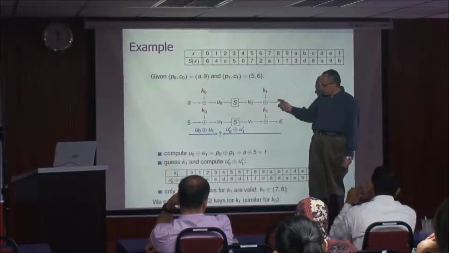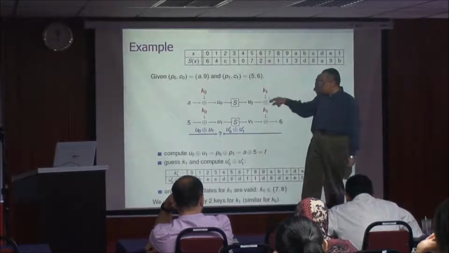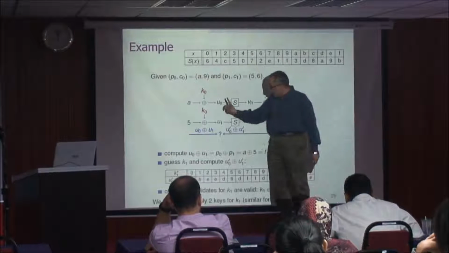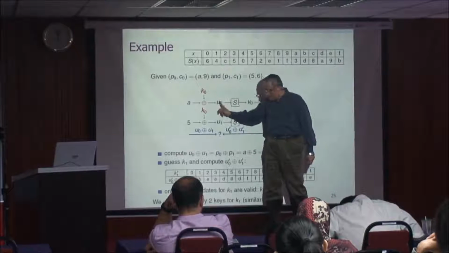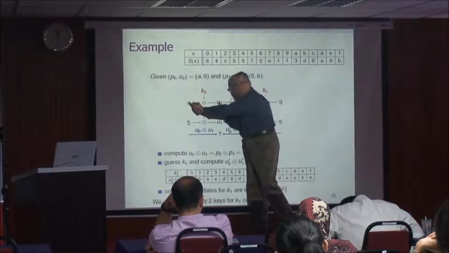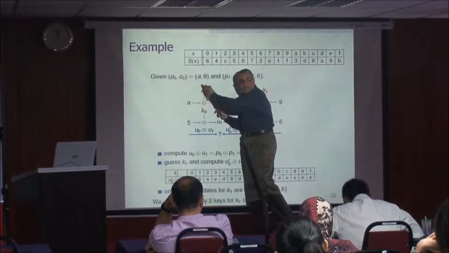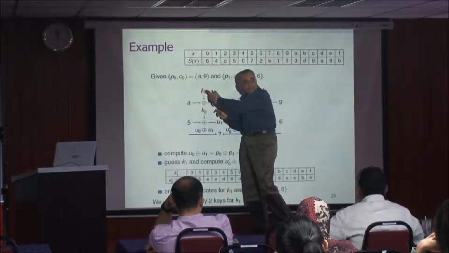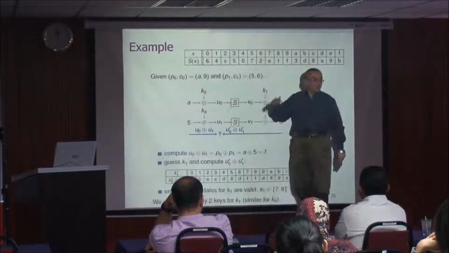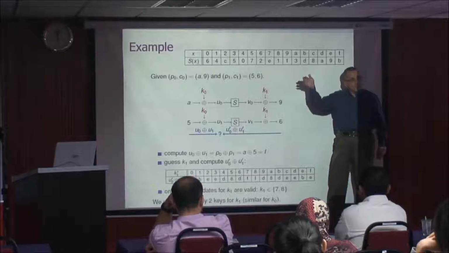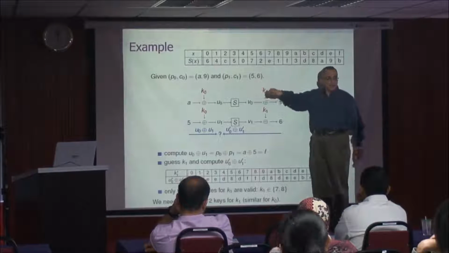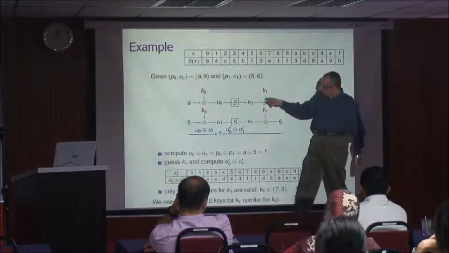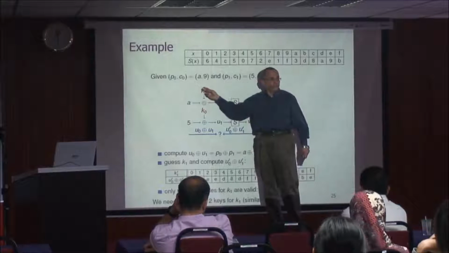Now that I know K1 is either 7 or 8, I can go back and evaluate U0. At this point I know some value in here and some value in here, so this one will be calculated; I don't have to guess it. So instead of trying 2 to the power 8 possibilities, I only try 2 to the power 4. This filters the right key down to only 2 possibilities, and I only have another 2 possibilities for this one.